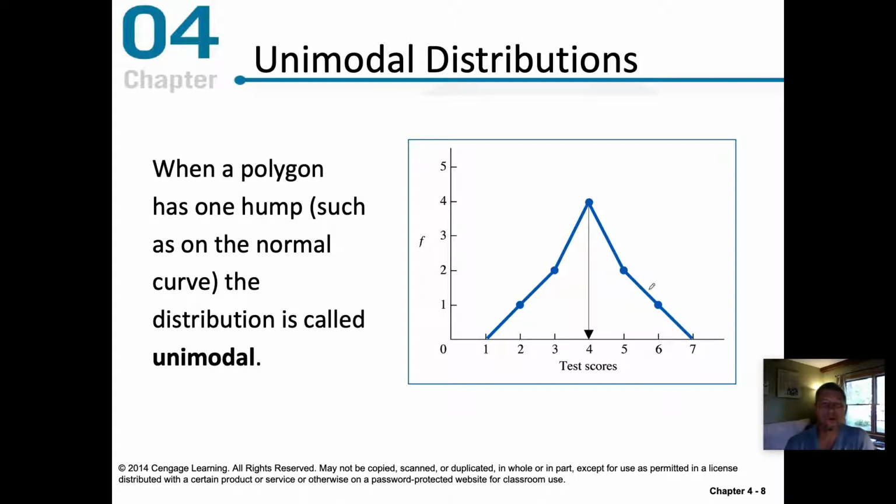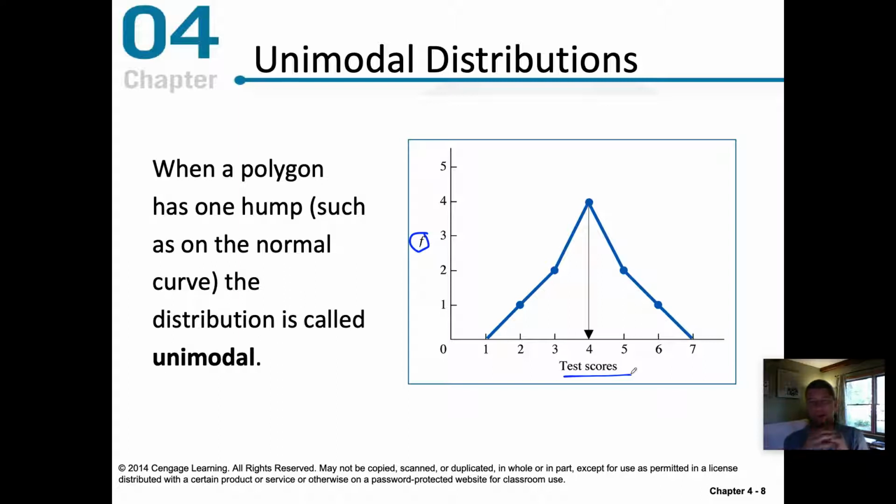Now, modes drawn on a frequency distribution can come in a variety of different shapes. This is simply a frequency distribution drawn graphically, right? We've got the frequency on the y-axis and test scores on the x-axis.